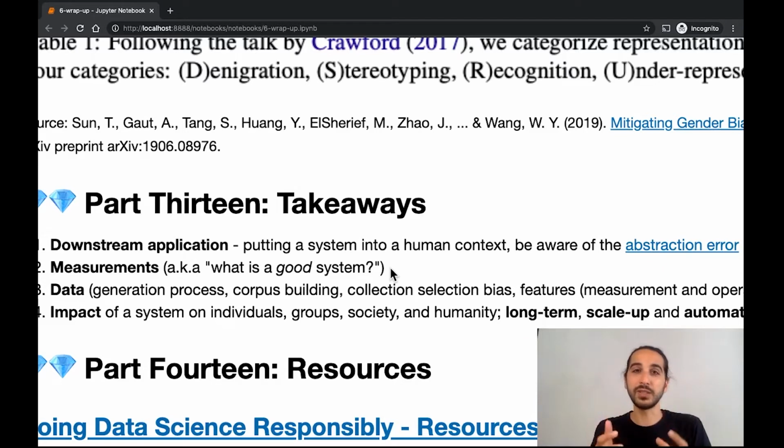Even in the US, take one city versus another. In Europe, Africa, it really depends where we deploy the system, what kind of impact it's going to make on people, and so forth.